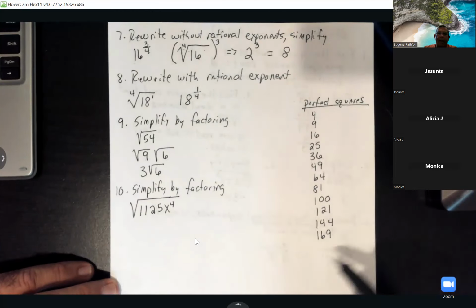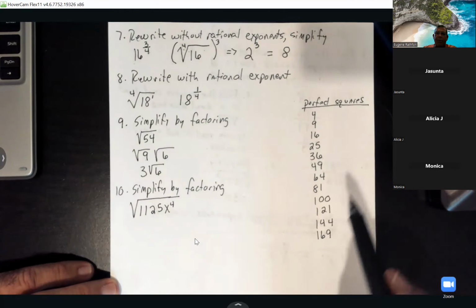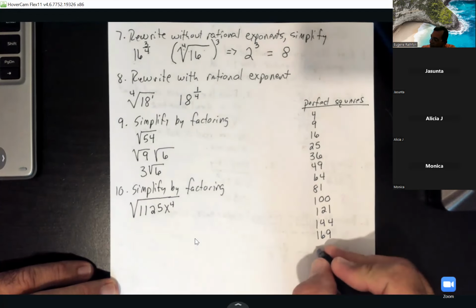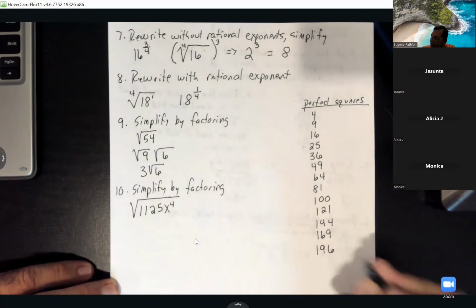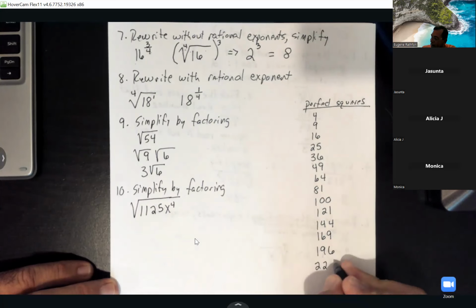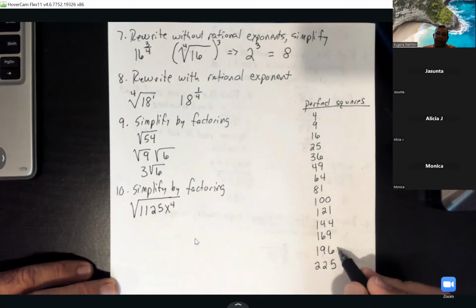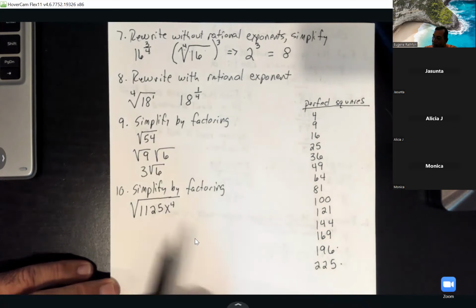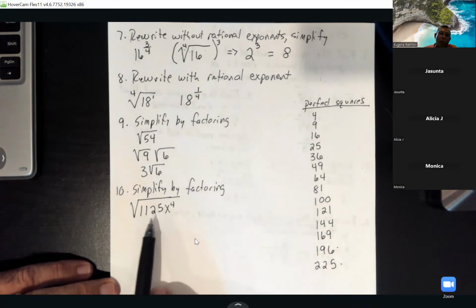I've got part of my perfect square list here. Let me go further: 196, 225. That'd be 14 times 14, 15 times 15. I'm bringing this one out because I have a 1,125 sitting here, okay? That is a big number.